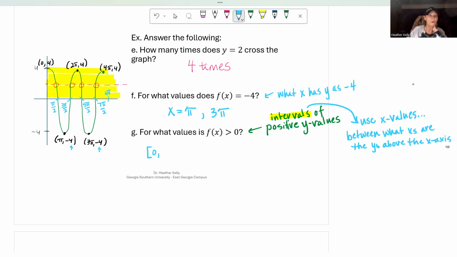Okay, so we're going from 0 to pi over 2. Union, picking up again, not at pi over 2, because from pi over 2 to 3 pi over 2, that's down here, that's negative.